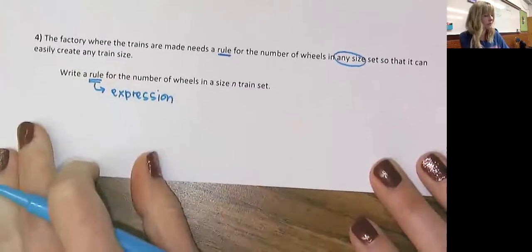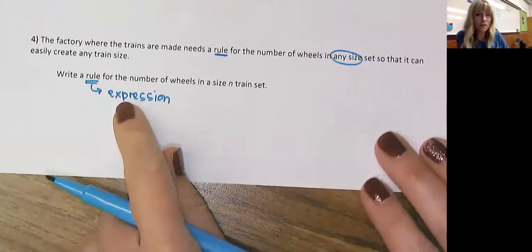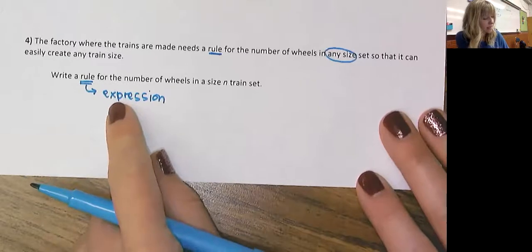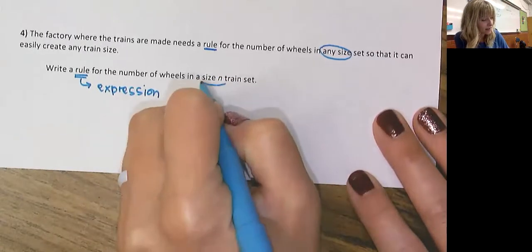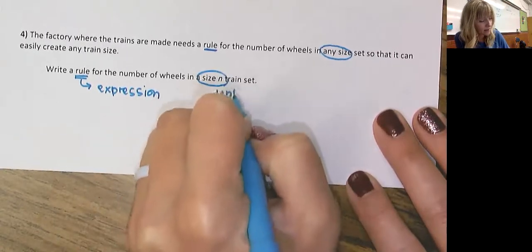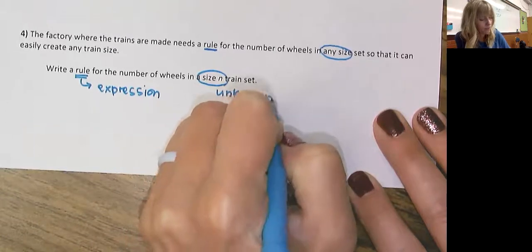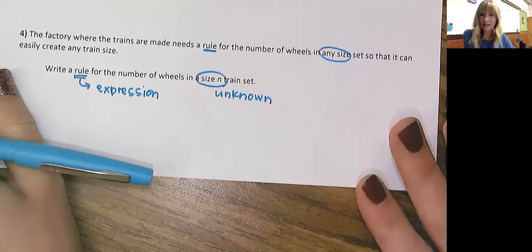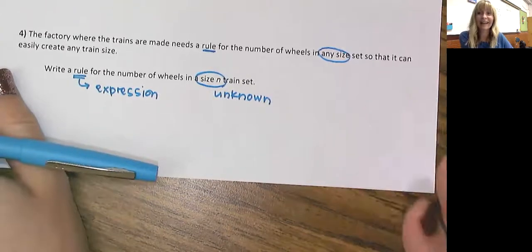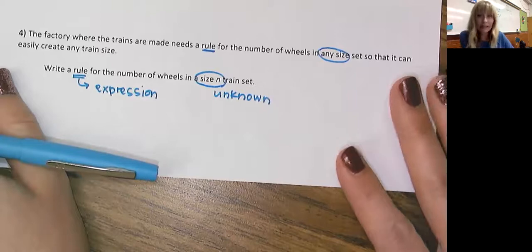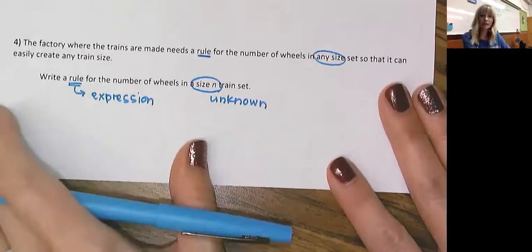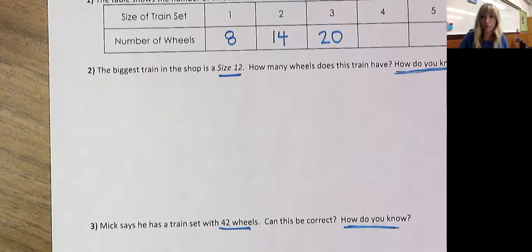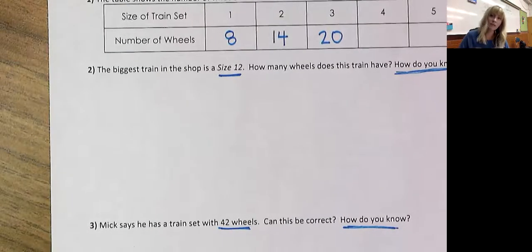Write a rule, an expression, for the number of wheels in a size N train set. They're even giving you the variable here. They're defining the unknown. The unknown is the size, because we want it to work for anything. I'm very excited to see what you come up with. Do whatever makes sense to you. Answer these 4 questions, and then take a picture of your work and upload it into Canvas so I can look at it and comment on it.